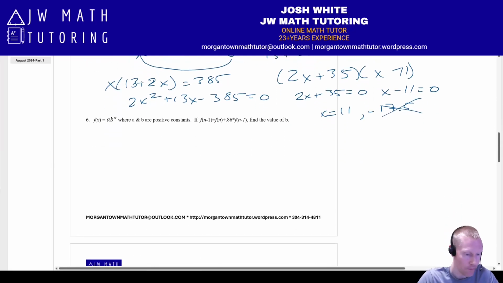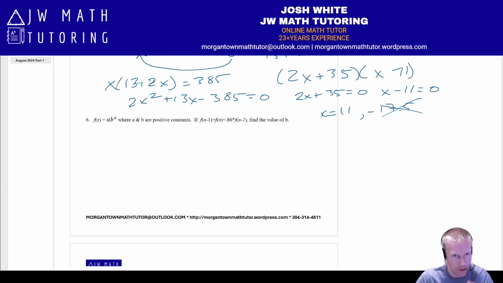All right, next up, we have a problem that dealt with basically an exponential function, okay? And they give you this equation, and they basically want you to find the value of b.